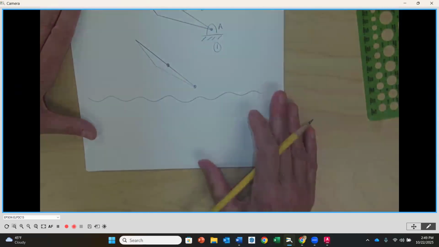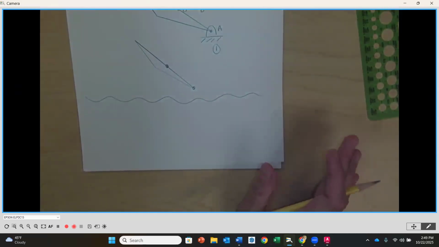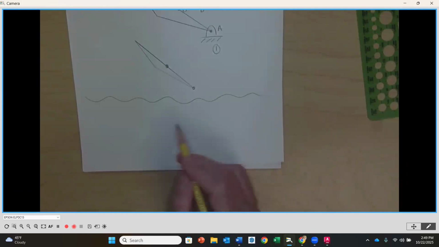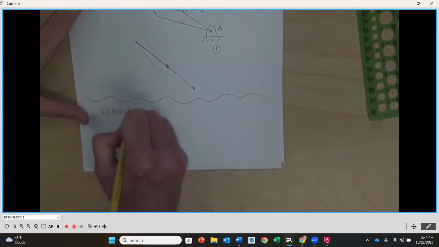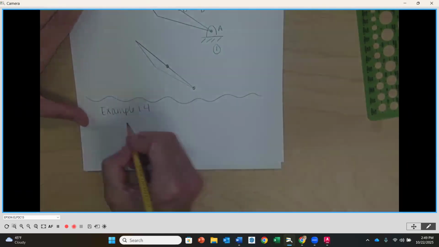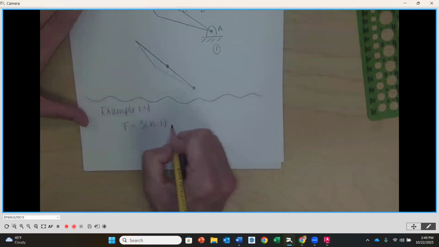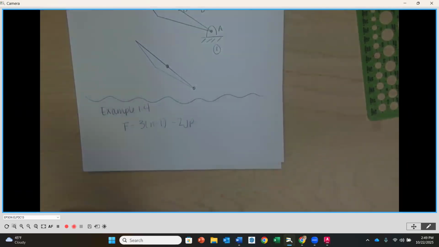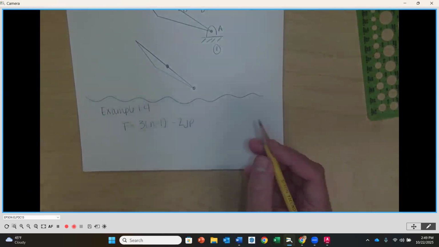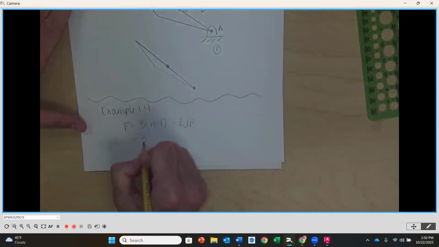Now, like I said, you can add it as part of the CAD diagram, as part of your Word document, or you can take a picture of the hand calculation. So this is going to be example 1.4. Grubler's equation is F equals 3 times (N minus 1) minus 2 JP. You could put minus JH, but remember those higher order joints are going to be 0 anyway. And this is going to be 3 times.